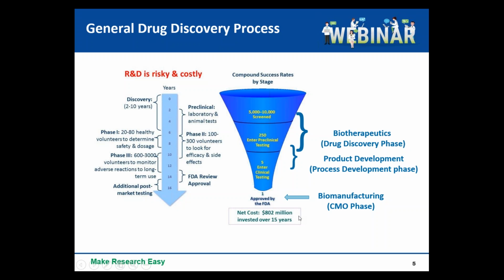It's a nearly $1 billion process, invested over many, many years. So that's the landscape. But as much as there is risk, so is there reward, and that's why there is a lot of pursuit in bringing biologics to market.